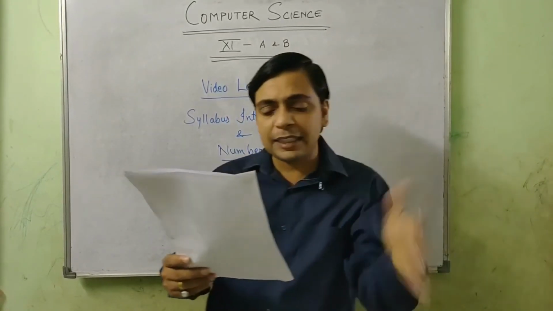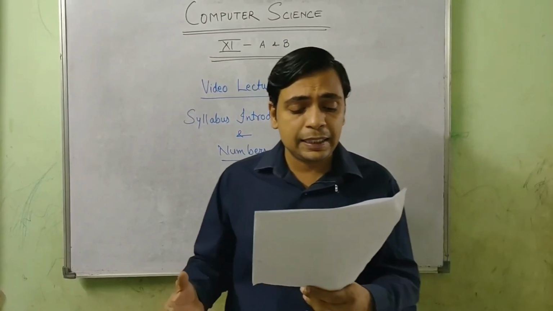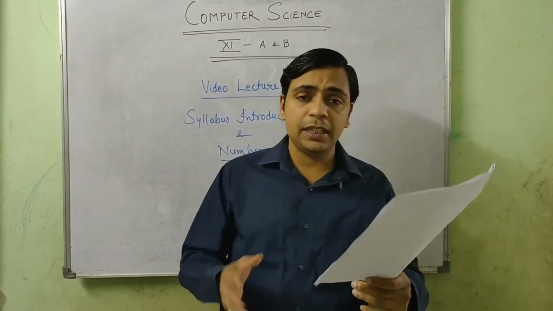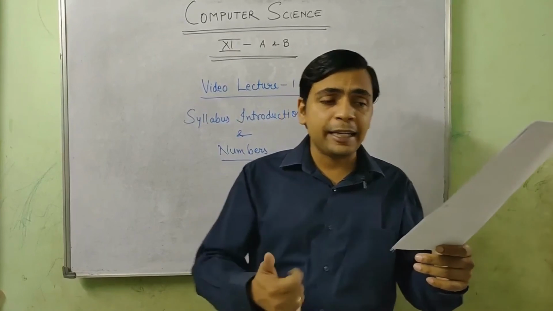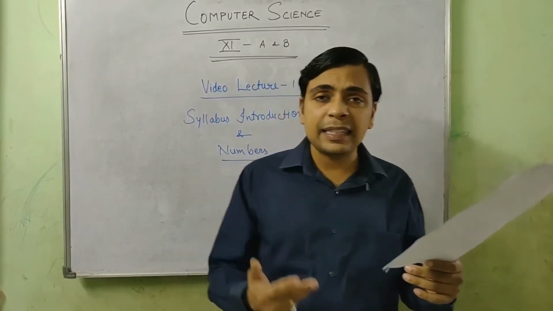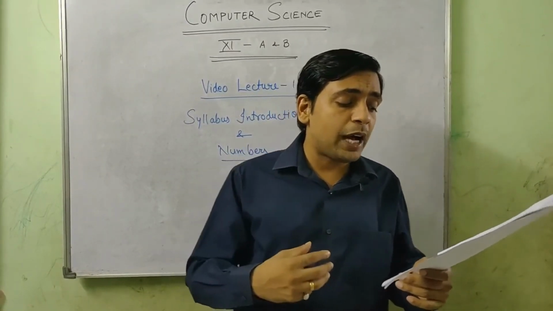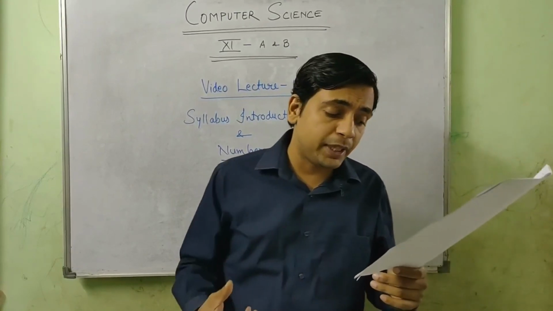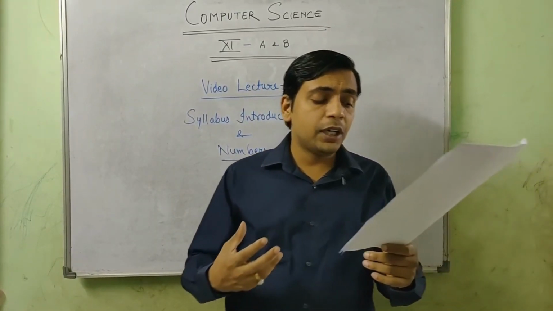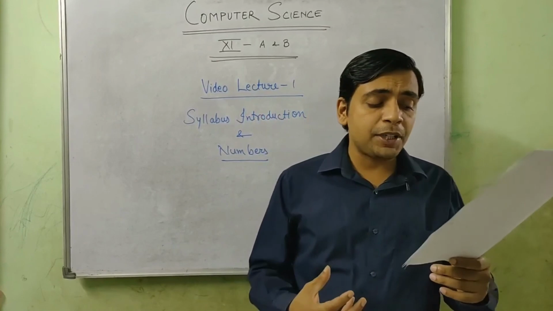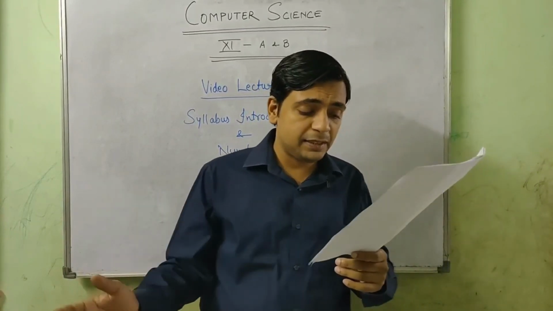So in this specific chapter, we are going to learn the representation of numbers in different bases, which will be binary, octal, decimal and hexadecimal, and we also have to learn the interconversion between them. Then we have to learn the addition and subtraction operation for numbers in different bases.